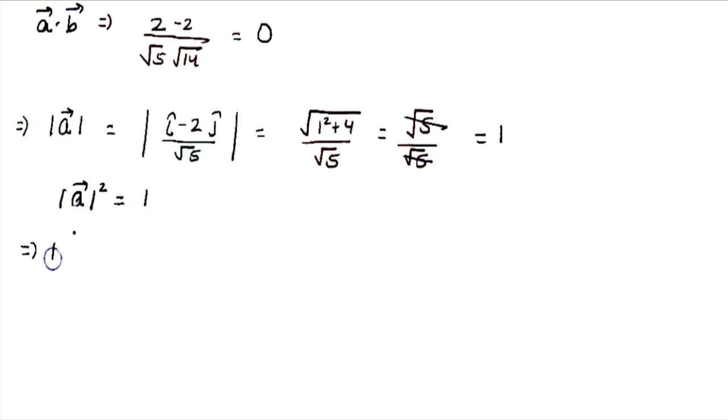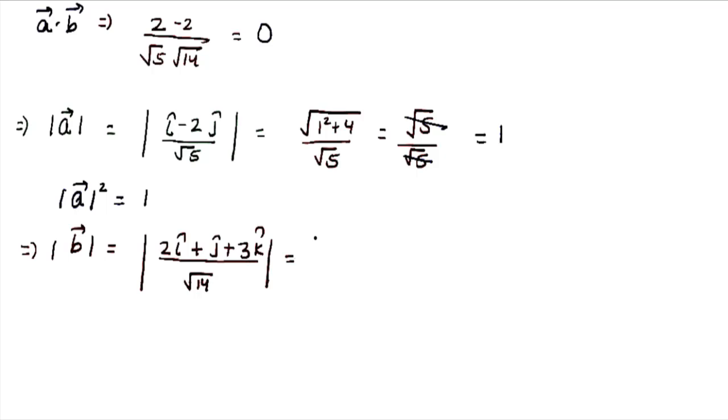Now we have to find the magnitude of B vector. B vector is equal to 2i cap plus j cap plus 3k cap divided by under root 14. Solving this magnitude, we have under root 2 square means 4, plus 1 square means 1, plus 3 square means 9.